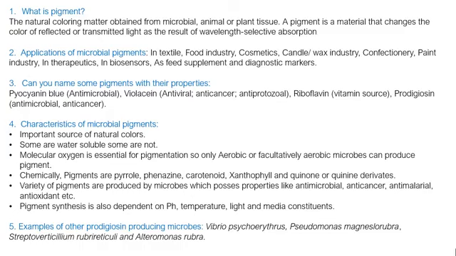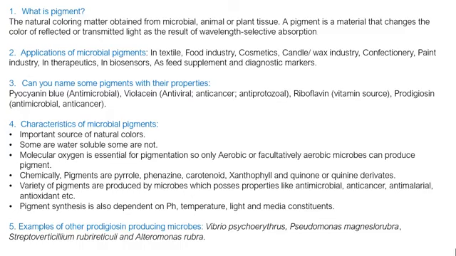Chemically, pigments are pyrrole, phenazine, carotenoid, xanthophyll, and quinone or quinine derivatives. Variety of pigments are produced by microbes which possess properties like antimicrobial, anti-cancer, anti-malarial, antioxidant, etc. So pigment synthesis is also dependent on pH, temperature, light, and media constituents. Okay, so these are some characteristics of microbial pigment. You can name at least 4 of these.